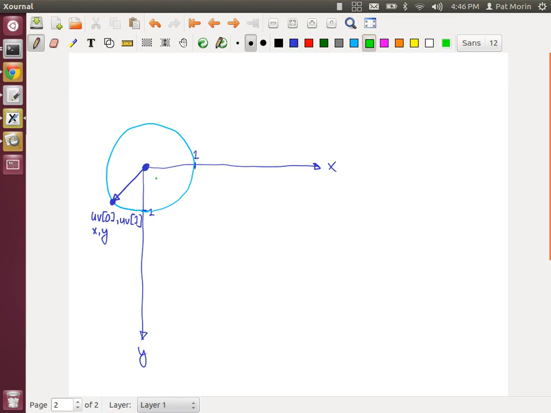Now we need to turn this thing, which is just a pair of coordinates, x and y, into an angle. So what we would like to know is something like this angle here. It's a good starting point. The angle that we make from the x-axis. So anybody remember any trigonometry?